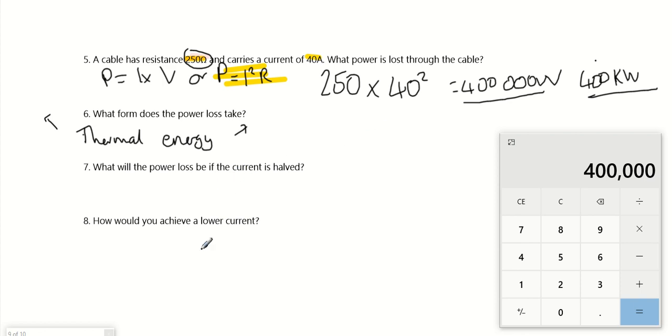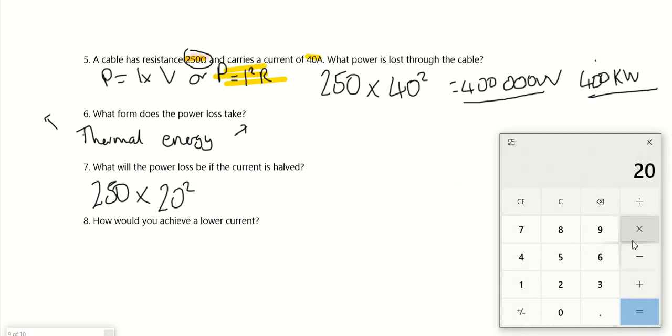Well, if we halve the current, with the same resistance of 250 but the current of 40 halved, so it's 20 squared. We can do that equation here: 20 times 20, 400, times by 250 equals 100,000 watts, or 100 kilowatts.